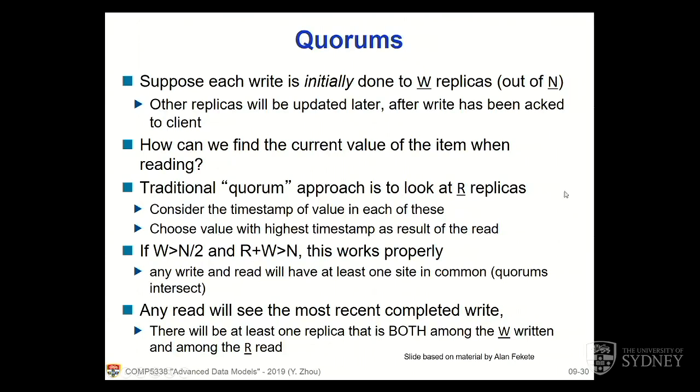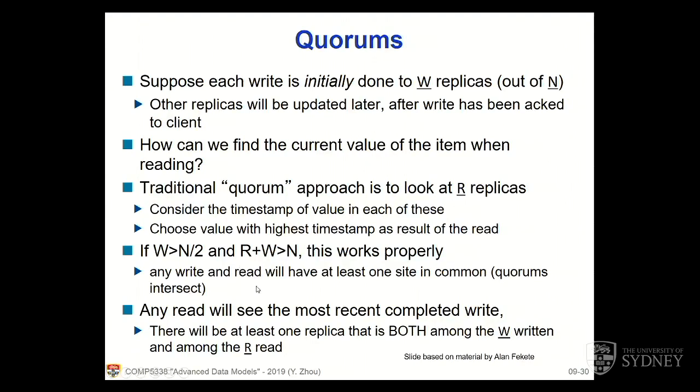So it looks at R replicas, and of course there should be some constraints on W and R to make sure that a replica that has been updated, and has the latest value, is always contacted. So basically, the write needs to happen on more than half, that is a majority, of the nodes, and also R plus W should be greater than N, which is the replication factor.